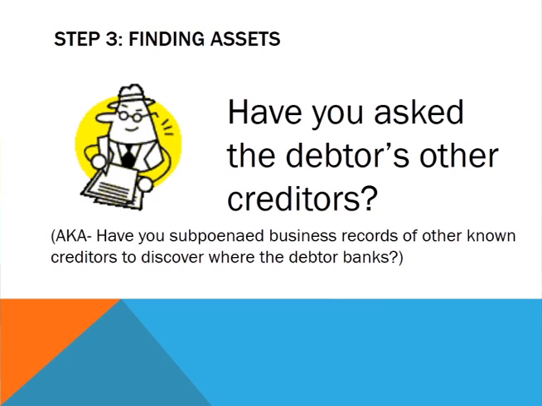Now, the other thing that you might consider is if you know any of the other creditors this debtor has, have you gotten any information from them? One technique that's possible is to do a business record subpoena for information from their other creditors, involving, for example, their credit applications, their last payments, things like that.